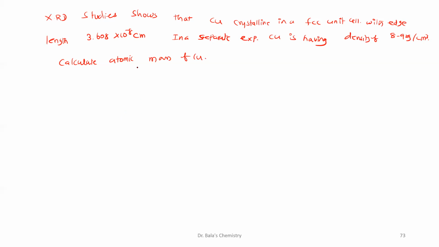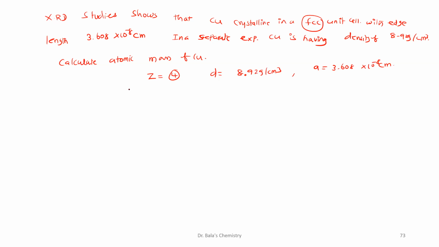How can we calculate? So what all things are given to you? Z is equal to 4, because they are not giving it directly. FCC is given, FCC means it is 4. Then density D is given, 8.92 gram per centimeter cube. And edge length a is given, 3.608 into 10 power minus 8 centimeter.